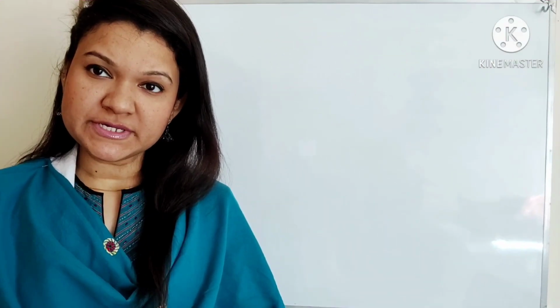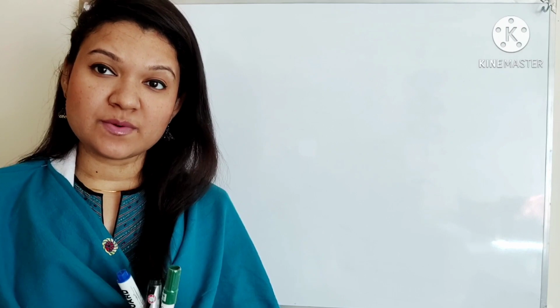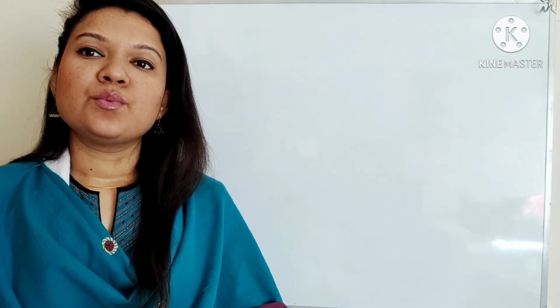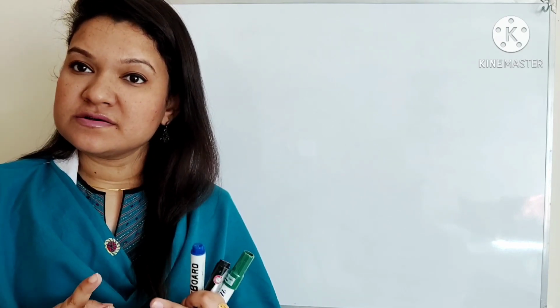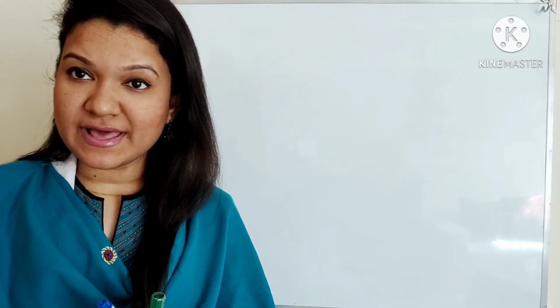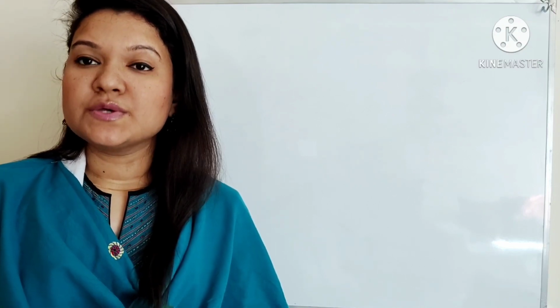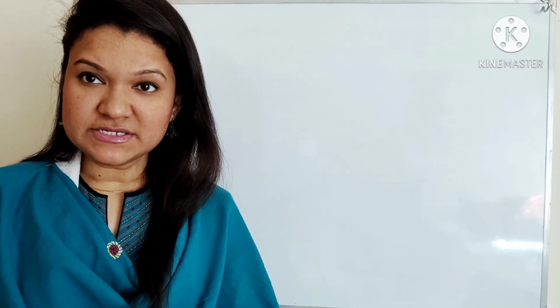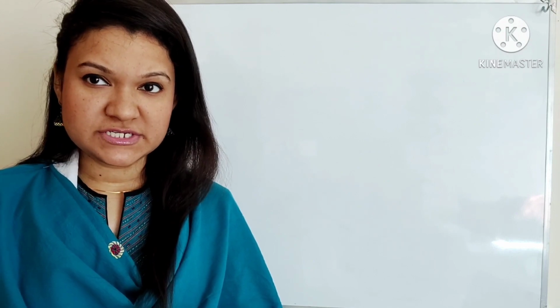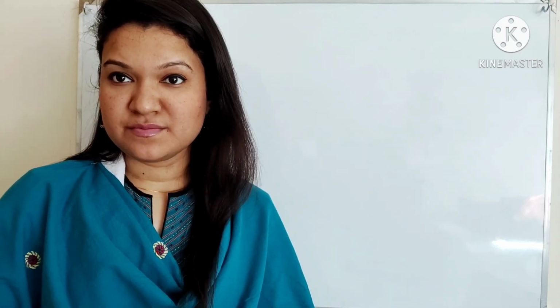I will show you how to draw a mitochondria, and I have also described mitochondria. Mitochondria is a membrane-bound organelle. Let's start to draw, and you also draw with me.